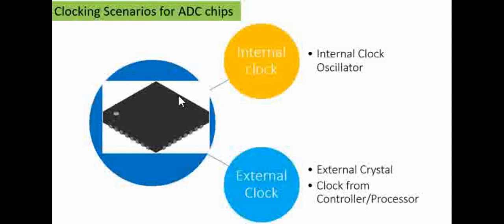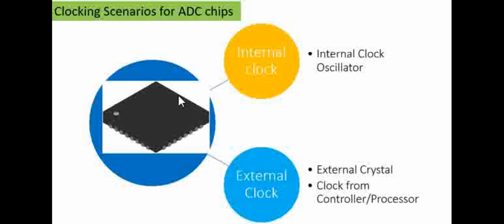And second, generally we use ADCs in a system, and we might have multiple ADCs as well sometimes, which need to be in sync to get the output and combine those outputs towards the host side. So in those scenarios, we need a clock from the controller or the processor which we are using to read the data. So again, this is one more scenario.